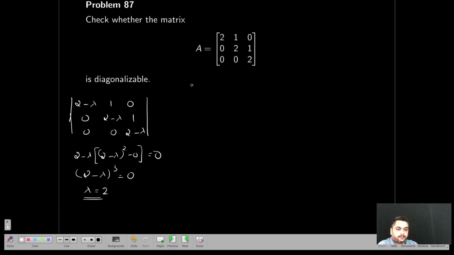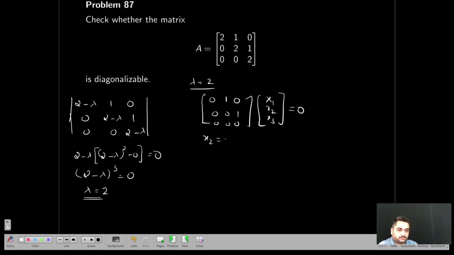When lambda is equal to 2, let us find our vectors. So this will be [0, 1, 0; 0, 0, 1; 0, 0, 0] applied over my vector x1, x2, x3. So x2 is equal to 0, x3 equal to 0, and x1 is a free variable.